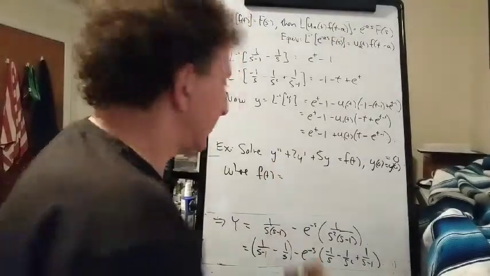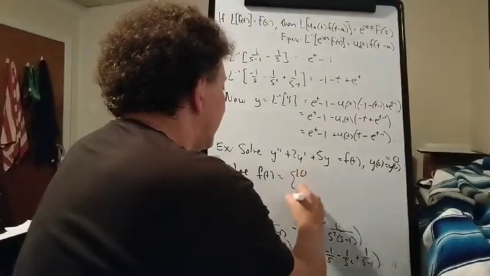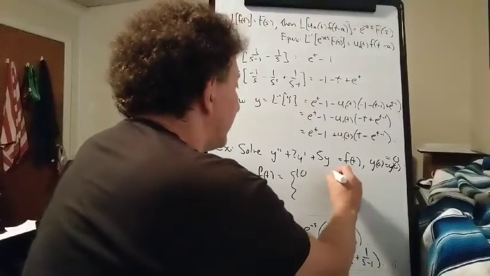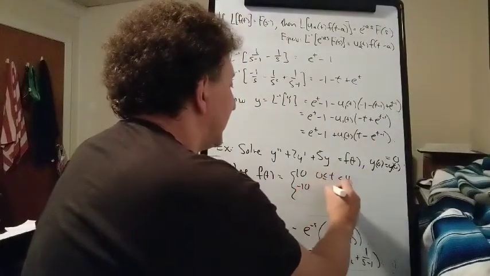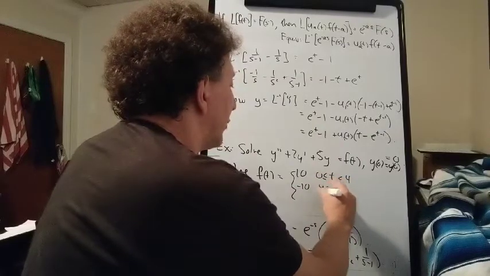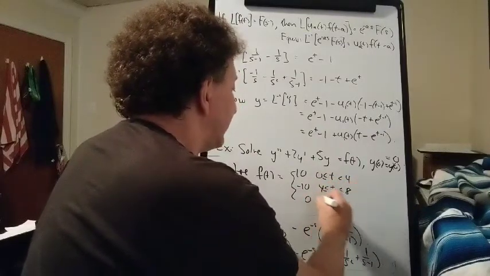Let's let f of t be the function which is 10 between 0 and 4, negative 10 between 4 and 8, and then 0 after that.